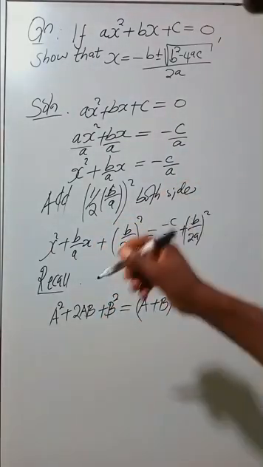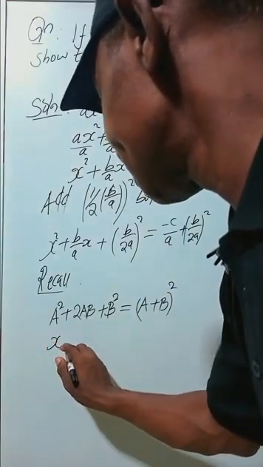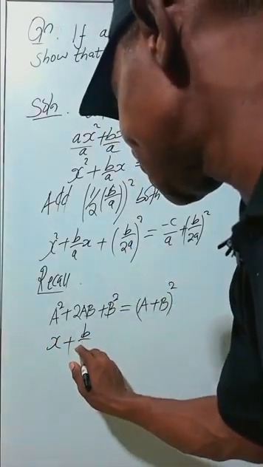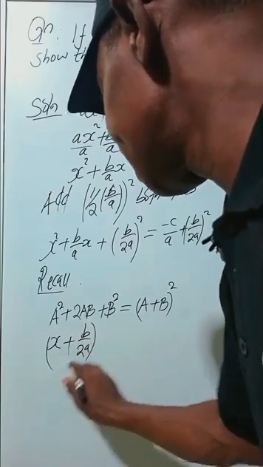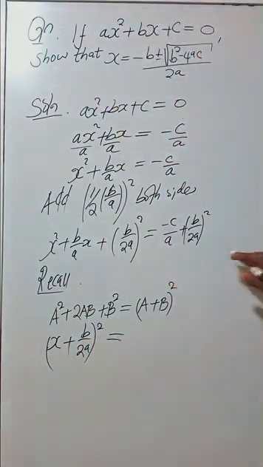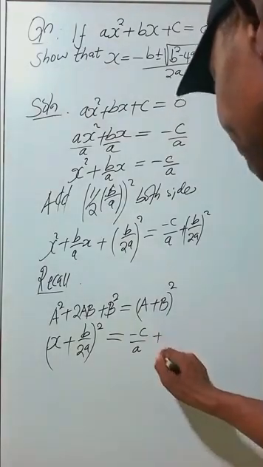So in other words, now we can write the left-hand side as, let's take the x. We add to it what is inside the bracket on the left-hand side. That is b over 2a, like this, squared. This one will be equal to our right-hand side. On the right-hand side, you can expand, there's no problem. So if we do expand, we shall have negative c over a, then plus.